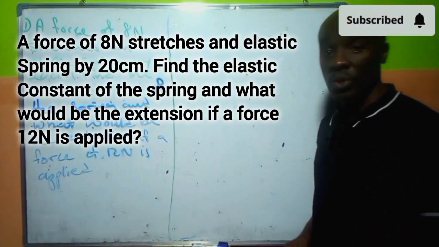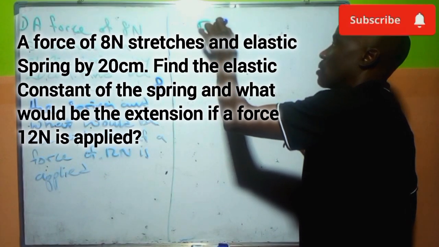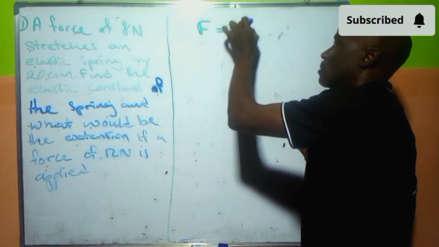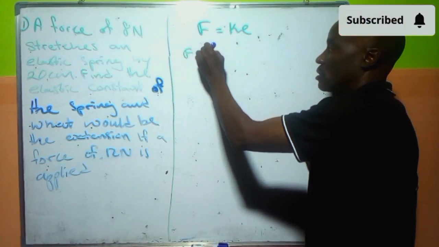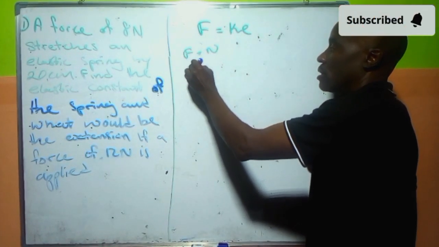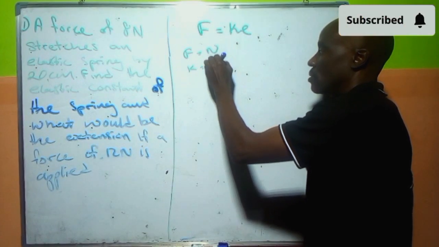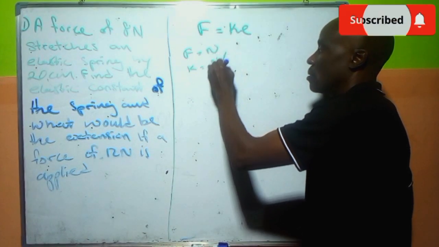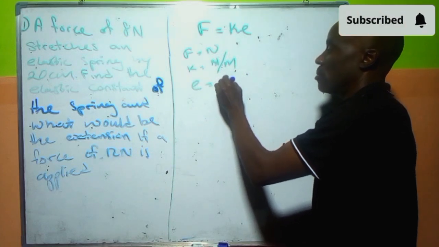To solve this, remember Hooke's law. Our force is in Newton, K is in Newton per meter, and our extension is in meter.